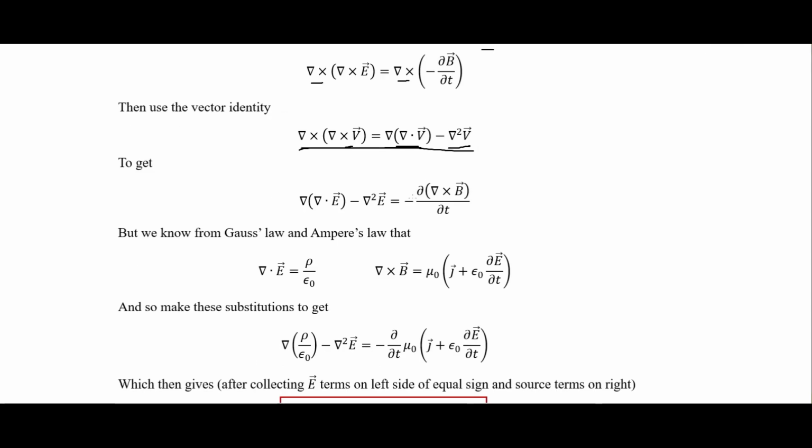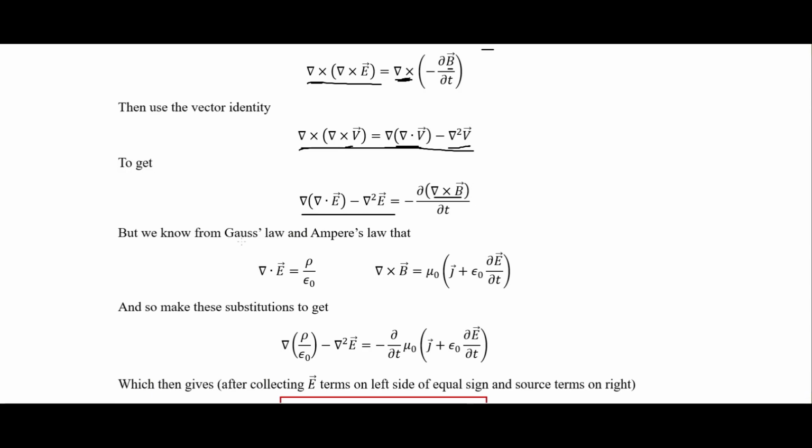When we do that, we can trade this part out for this part right here. And so we have the curl of this magnetic field, which we're now putting into this partial derivative with respect to time.